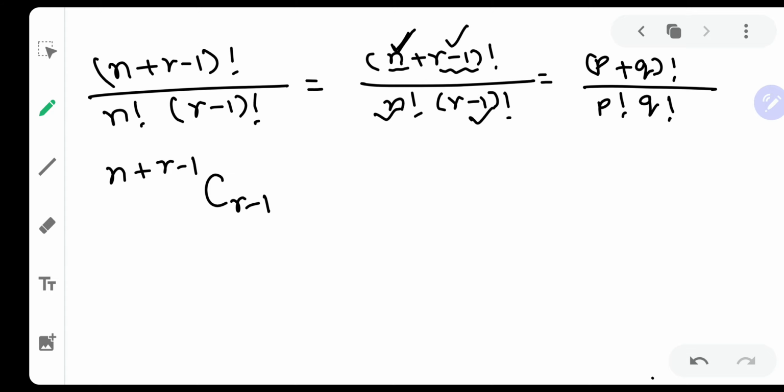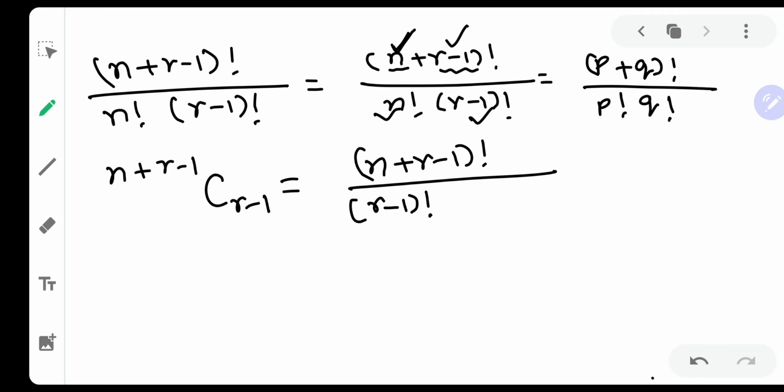If you have any doubt, I will show you how it works. N plus R minus 1 factorial upon N plus R minus 1 minus R minus 1 factorial, and then R minus 1 factorial. This is how you do it, right?